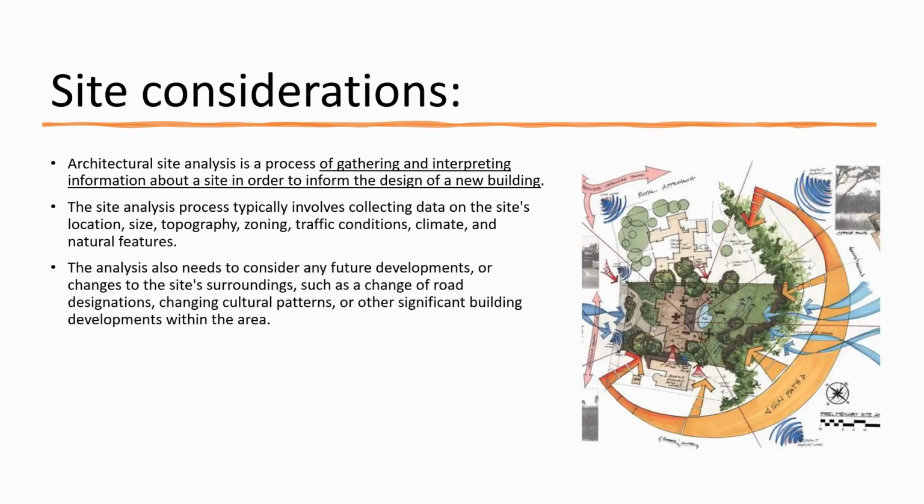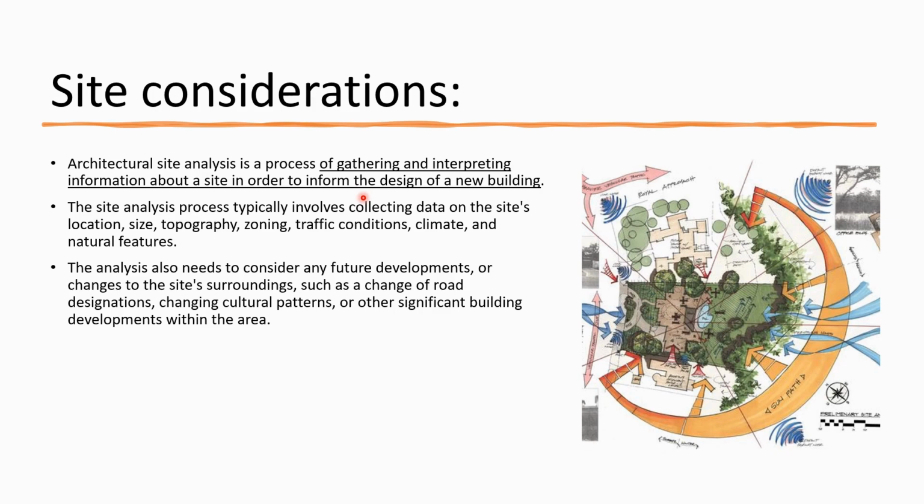Site analysis in architecture means that we study a place before designing a new building, and this includes checking the place's size, shape, weather, and other features. We also think about future changes like new buildings or new roads.